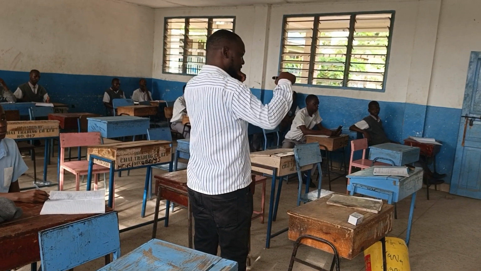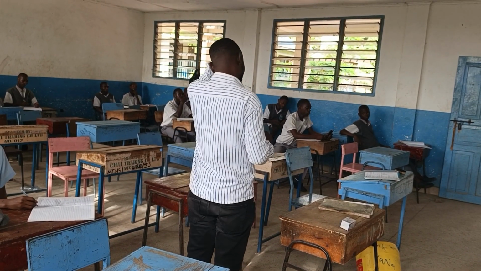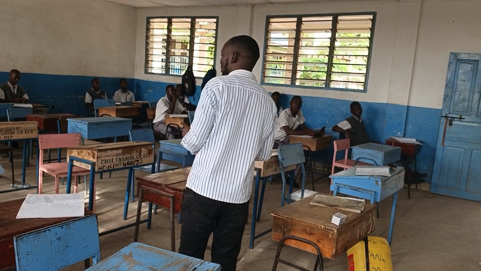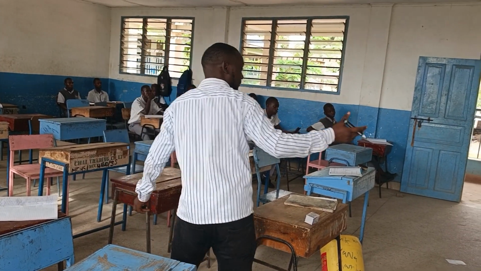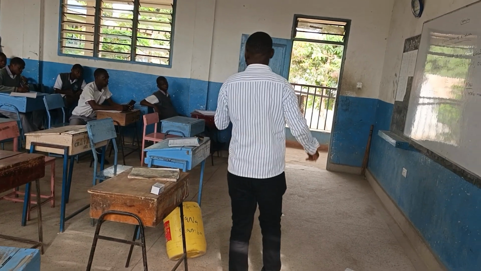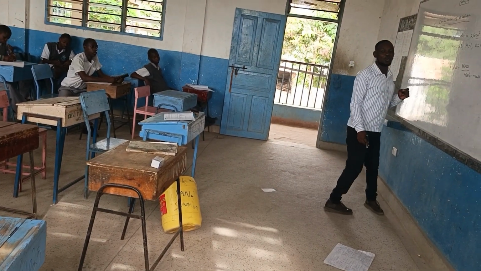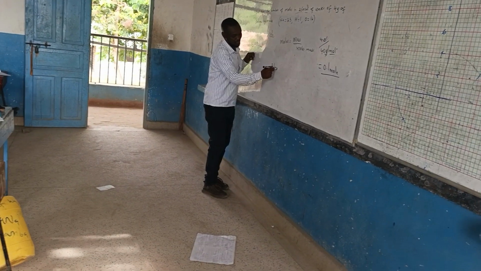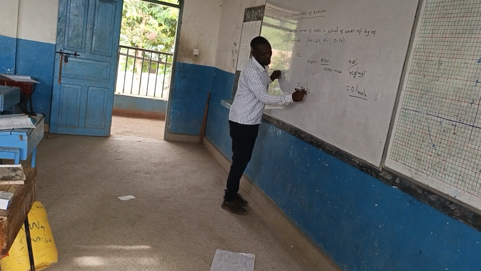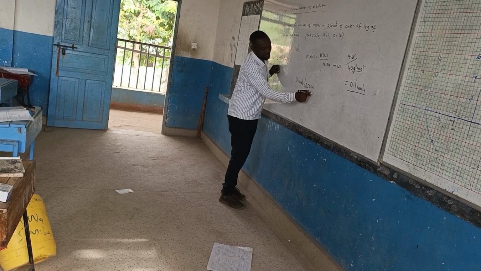Now, this is what we refer to as the concentration: the number of moles in a given volume of water. Now we can say we have 0.1 mole in 250 cubic centimeters of water.